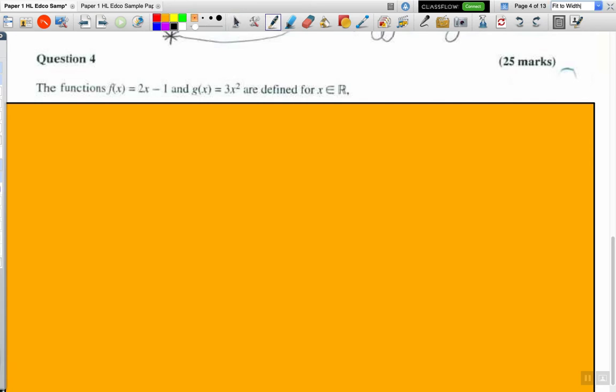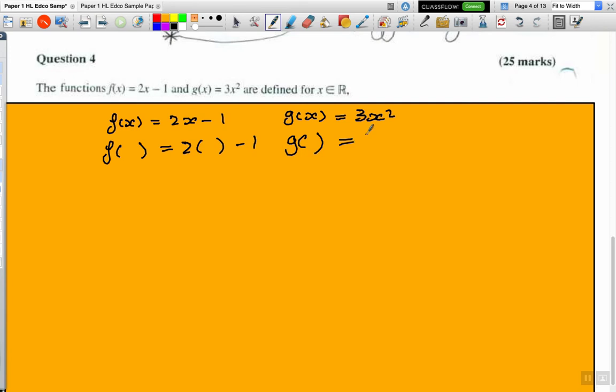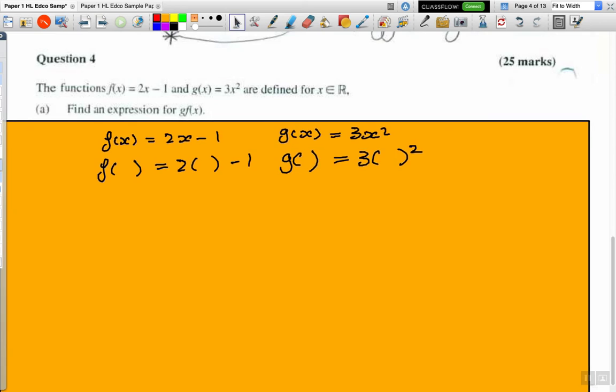We're going all the way back to 2nd and 3rd year and getting a reminder that f of x is equal to 2x minus 1, and g of x can be written as 3x squared, but it can also be written as f empty bracket equals 2 empty bracket minus 1, g empty bracket equals 3 empty bracket squared. So what we have now, when we look at the question, is find an expression for g f of x.